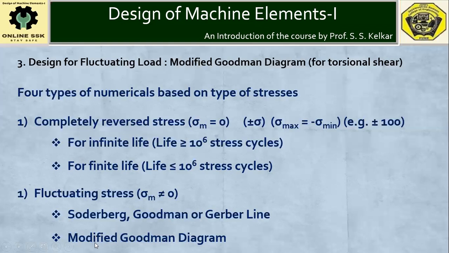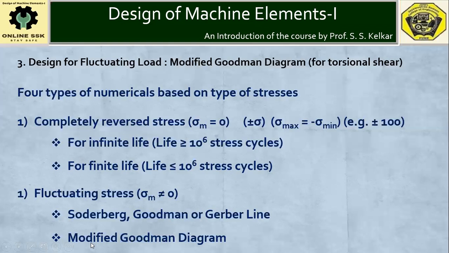Up till now we have discussed how to solve numericals based on the modified Goodman diagram, but those were where the fluctuating stress was of direct stress nature. In today's discussion, we are going to discuss the design of machine parts subjected to fluctuating stress of torsional shear nature.